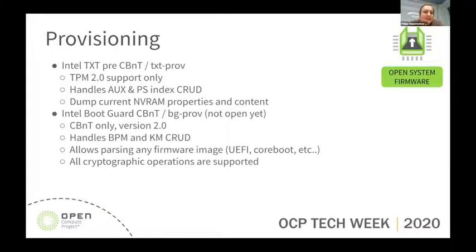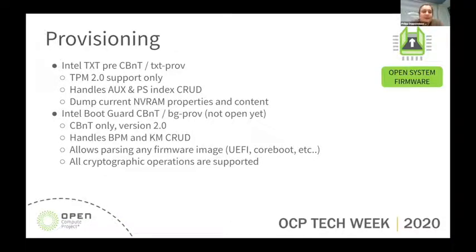There are two things the tooling does. One thing is provisioning. So it provisions the platform so that you can use those kinds of technologies. For example, for the old legacy TXT implementation, there's a tool which provisions the TPM with specific indexes and can also read out those properties. For Bootguard, we have an additional tool which is not open yet.